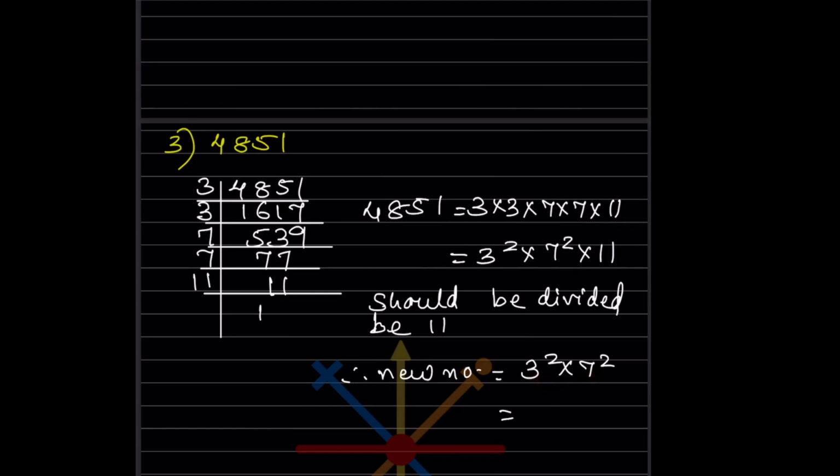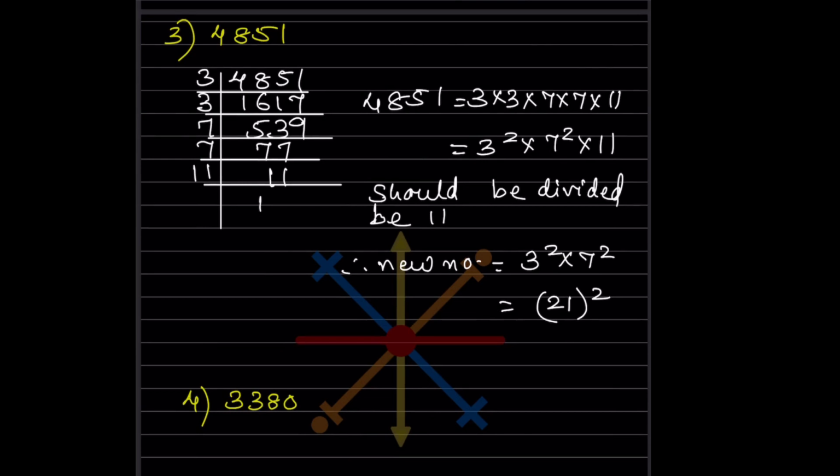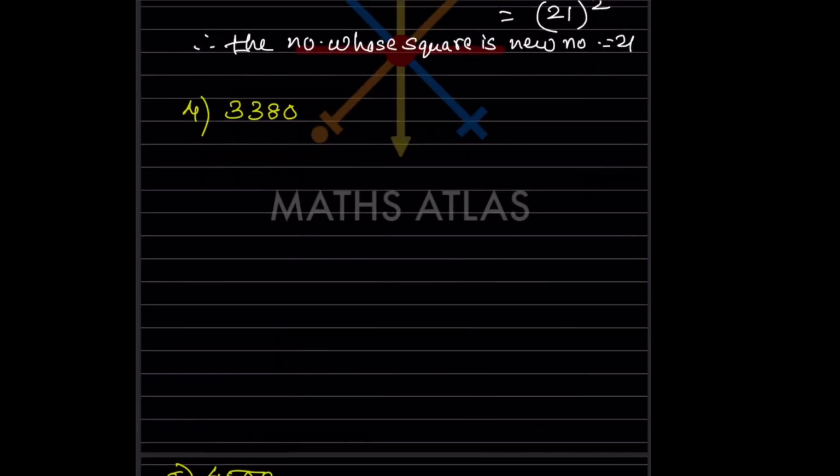So that is going to be 21 square. So here, therefore the number whose square is new number is equal to 21. So now let us see for this one.